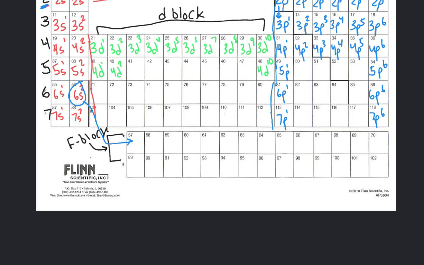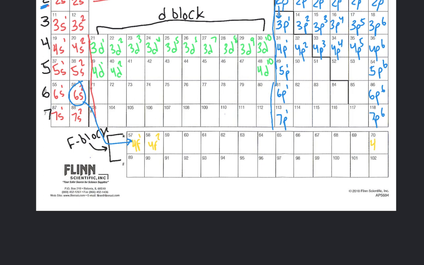So after the 6s2, it then becomes this F block. Starts at the 4th, so it's 4f1, 4f2, all the way to 4f14.